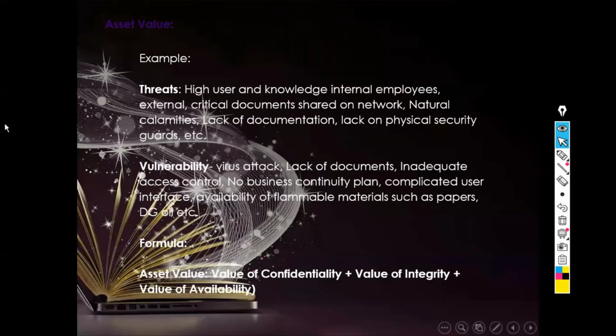These are the vulnerabilities in the system. Or also you don't have proper diesel generator oil, you know.